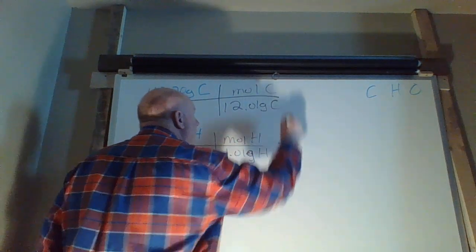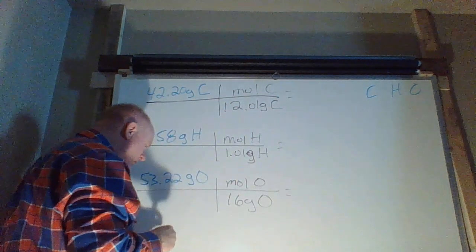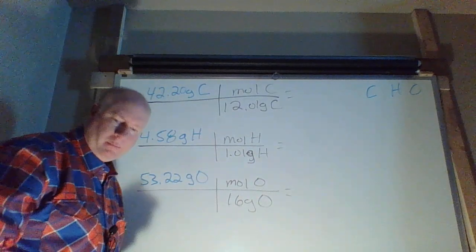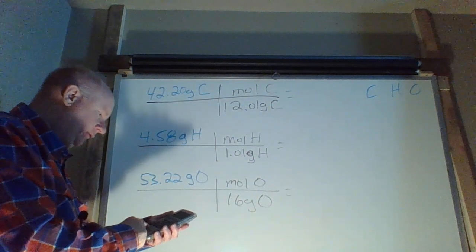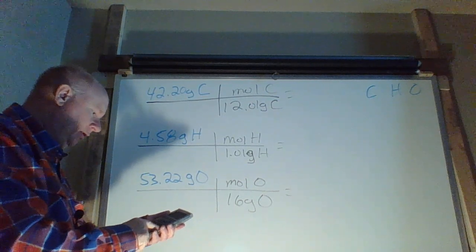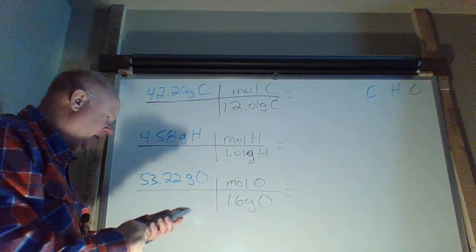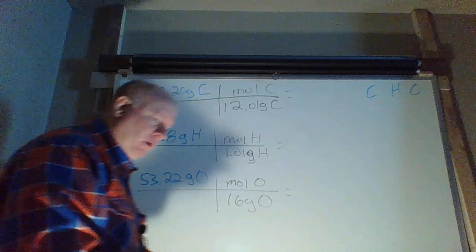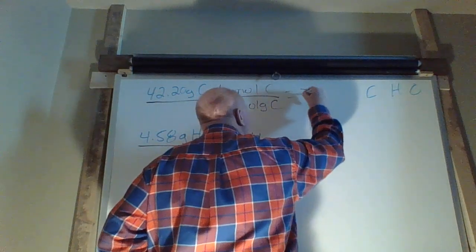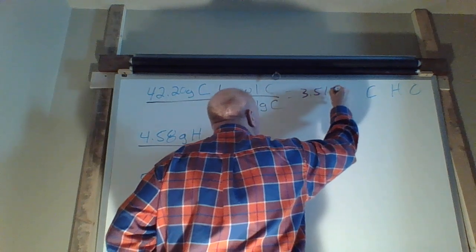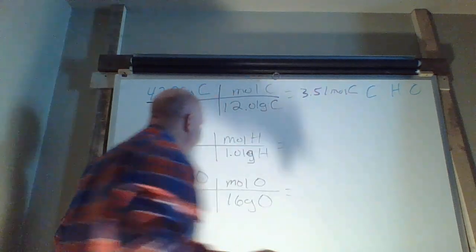So in each and every step, we're going to convert these to moles. 42.2 divided by 12.01 gives us 3.51 mole of carbon.